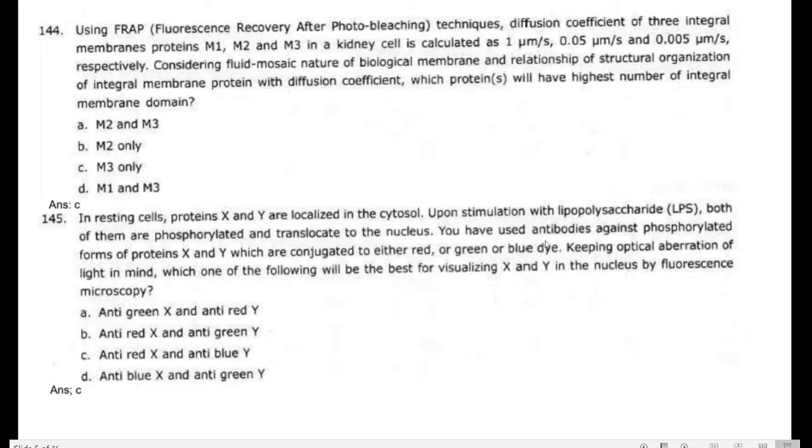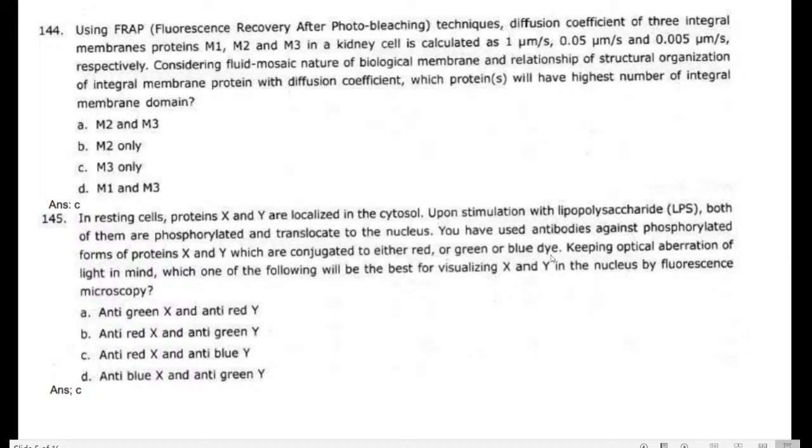You have used antibody against phosphorylated forms of protein X and Y, which are conjugated to either red or green or blue dye.